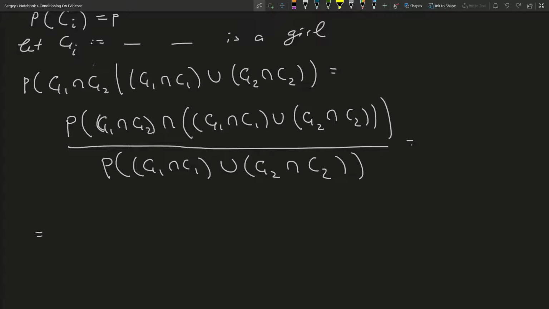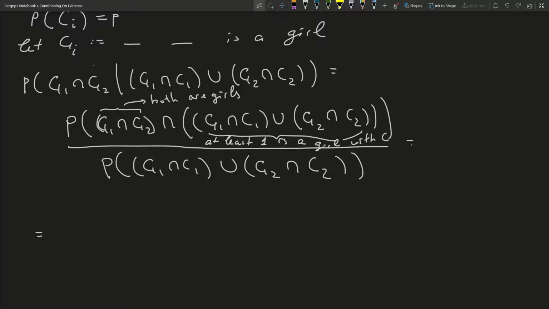So can we somehow simplify the expression in the numerator here? Well, notice that G1 intersect G2 tells us that both children are girls, and we're intersecting that with the set that tells us that at least one is a girl with the characteristic C. So we already know that both are girls.